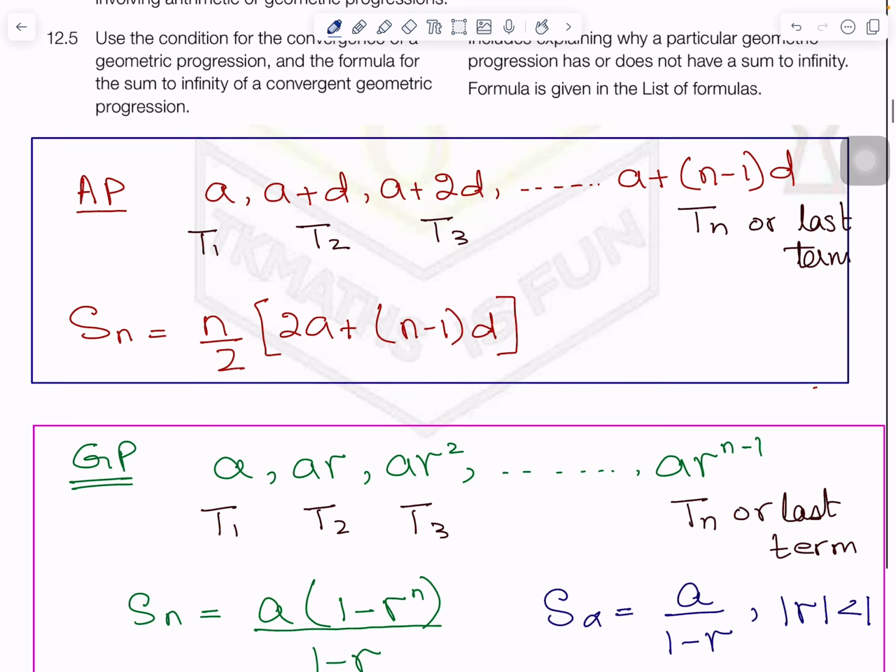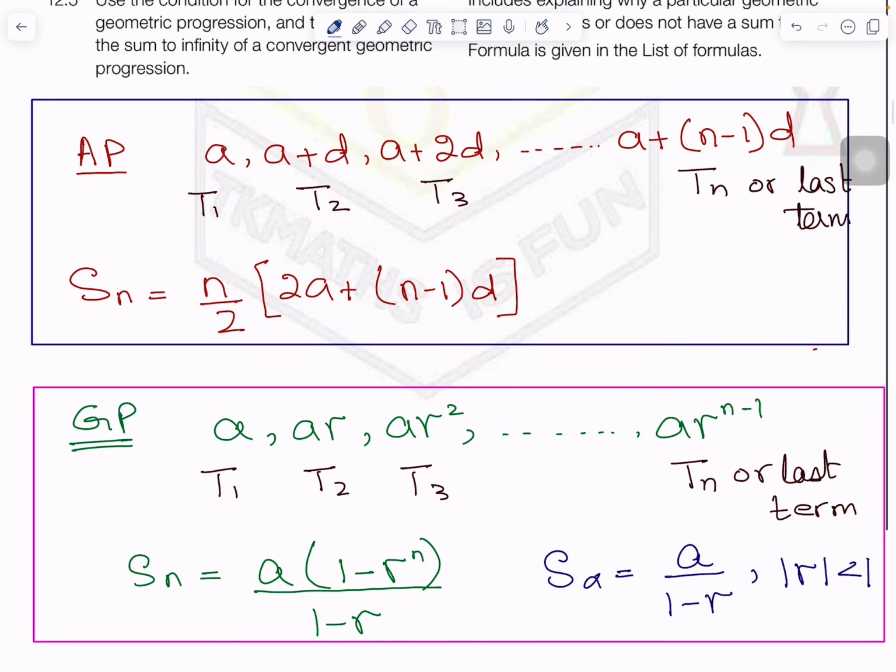Now these are the formulas which you should know by heart. For the arithmetic progression, the series is generated by a, a plus d, a plus 2d, and so on, up to a plus (n minus 1)d. This is your first term, second term; I have written here term 1, term 2, term 3, right? So when you are talking about any particular term and you don't know which term it is, you just pick up a plus (n minus 1)d.